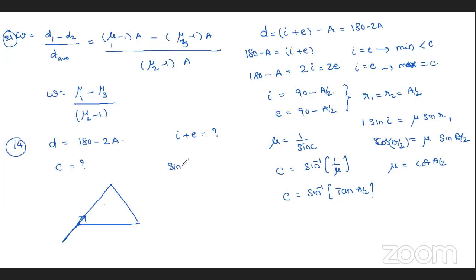So sin I is equal to mu into sin R1, correct? Yes sir. And in the same way sin E is equal to how much? Mu into sin R2, correct? Yes sir. So here what I am saying is, suppose I plus E is some X, that is equal to 180 minus A, which he has given us. Yes sir. So now sin I is equal to mu into sin R1.